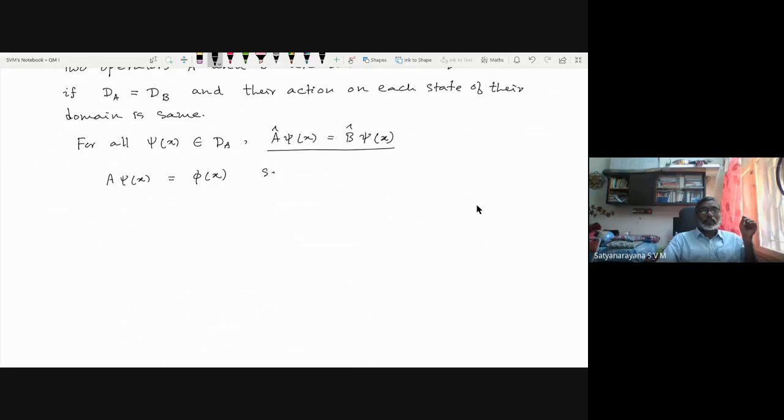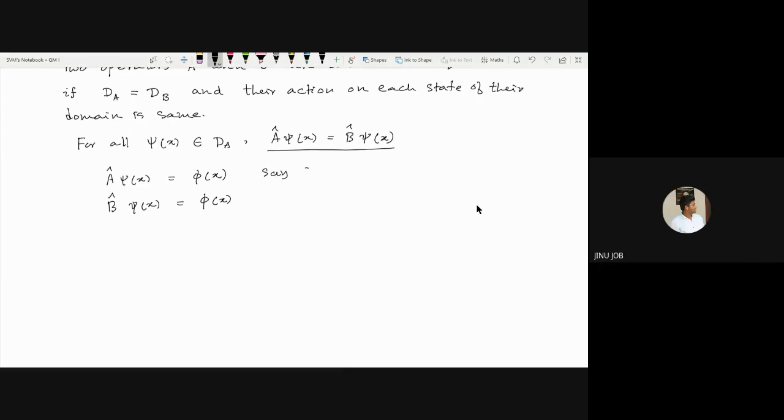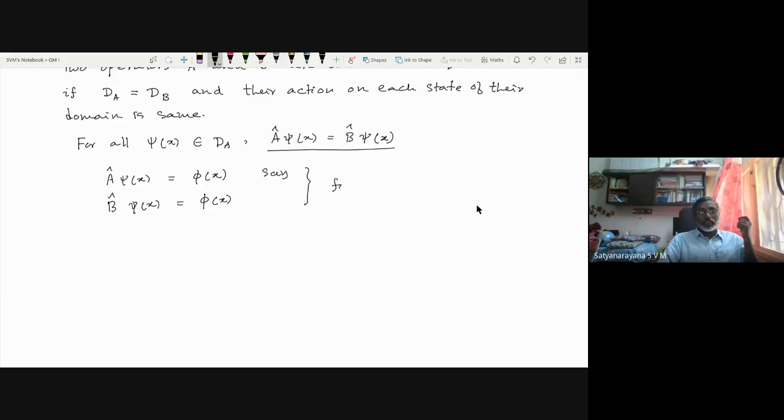Then you ask what happens to B acting on psi of x. I should get that also as phi of x. If I'm not getting that, then they are not equal. And this should be true for all psi of x in this domain.